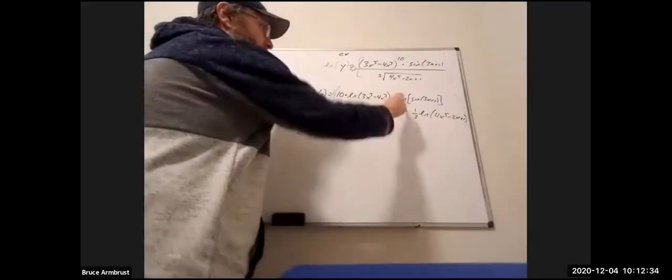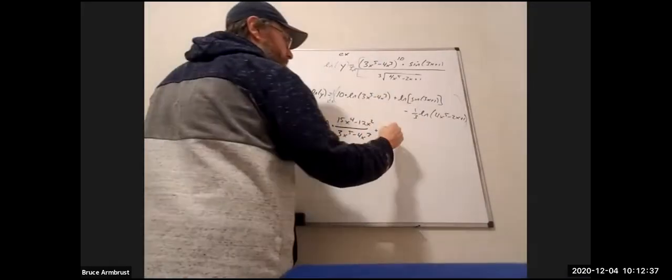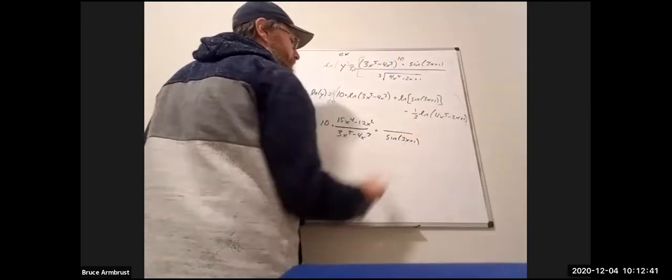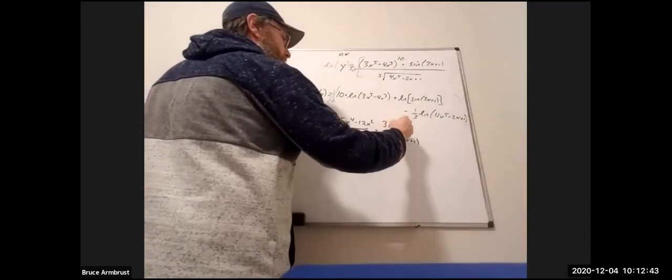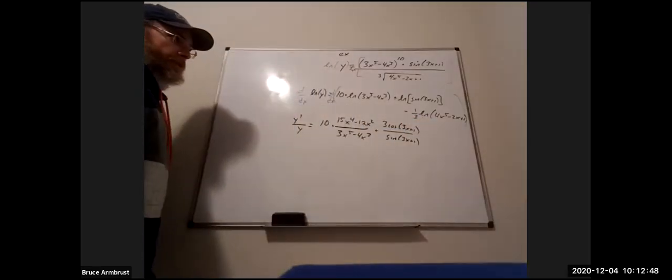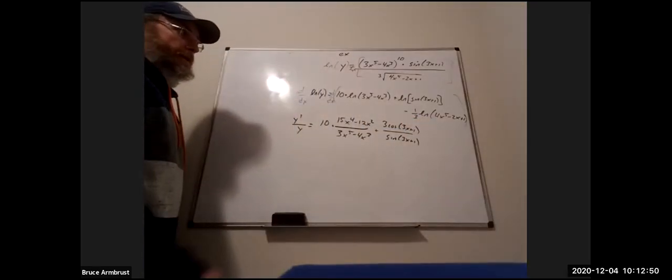Go to the next piece. Natural log of sine of 3x plus 1. So on the bottom goes sine of 3x plus 1. On top goes its derivative, which is 3 cosine 3x plus 1.